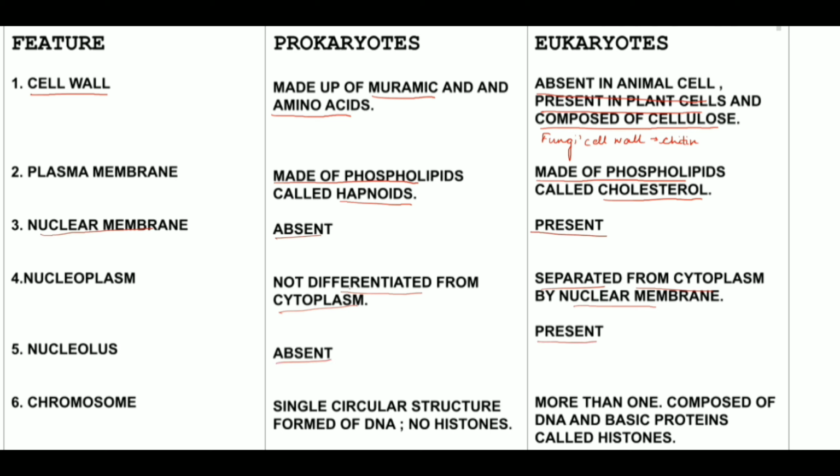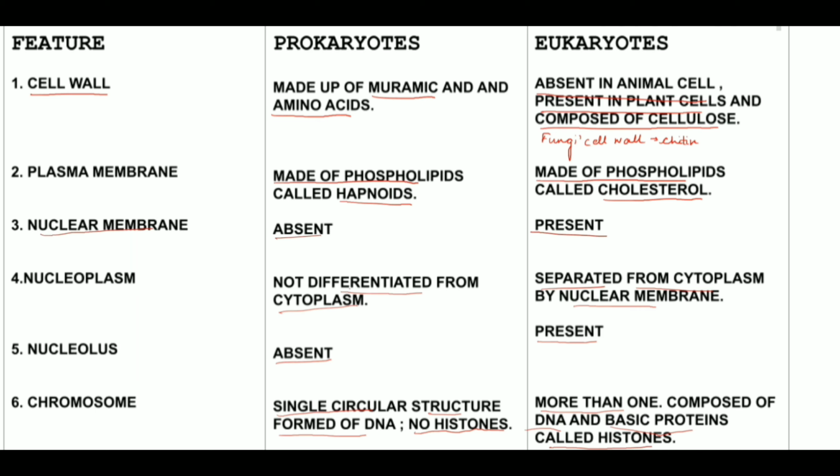Now, chromosome. This is a very important point. In prokaryotes, there is a single circular structure which is formed of DNA. Here, it can be more than one, and it is composed of DNA. Here a single circular structure is present, but there are no basic proteins, histones, whereas in eukaryotes, basic proteins called histones will help in the binding of the DNA.